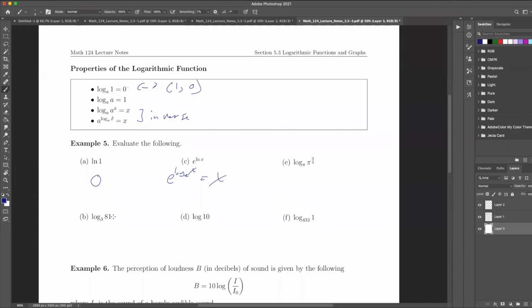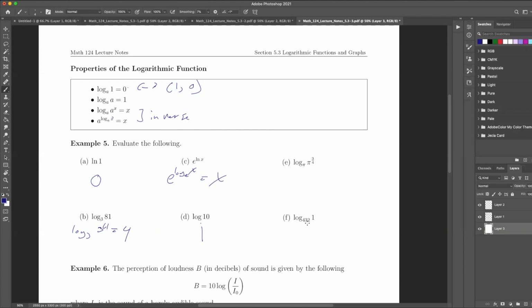3 raised to what power is 81? Well, that's the 4th power. And so I can rewrite this as log base 3 of 3 to the 4th power, and that just translates to 4. Log base 10 of 10 is 1. What's the answer here for f?